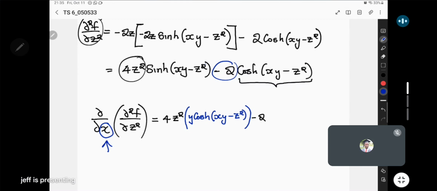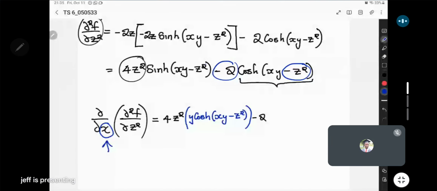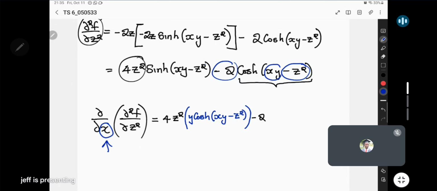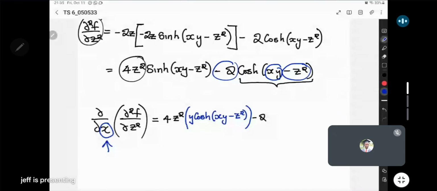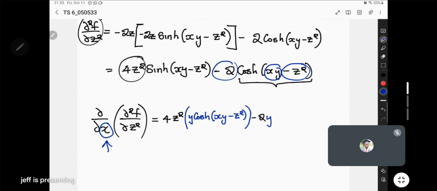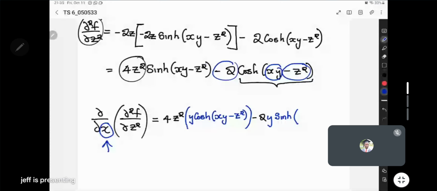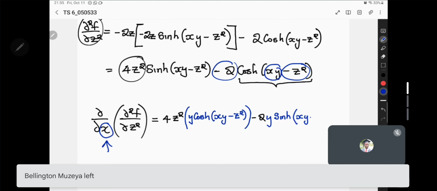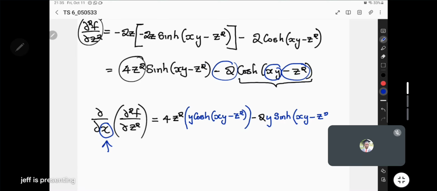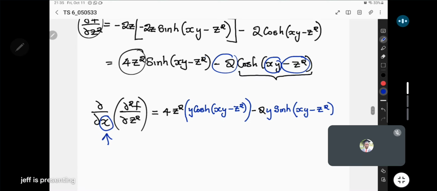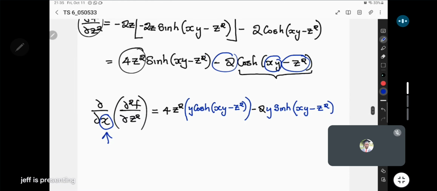So the derivative of this part will be 0 because that's just a constant, and for xy, the derivative will remain just y. So y will multiply outside, it will come here. Next, differentiate cosh, that will be sinh. The argument will remain the same. So with that, we have differentiated everything.